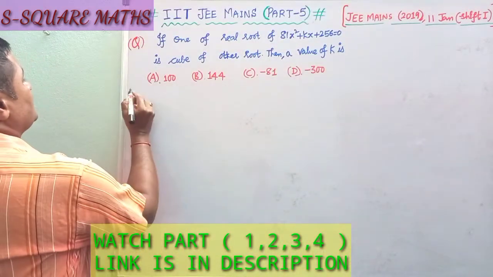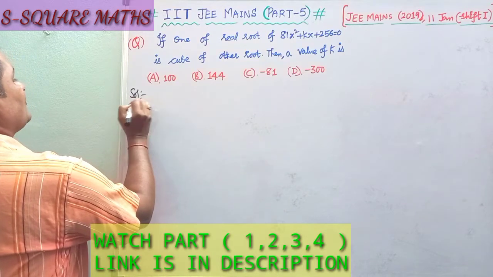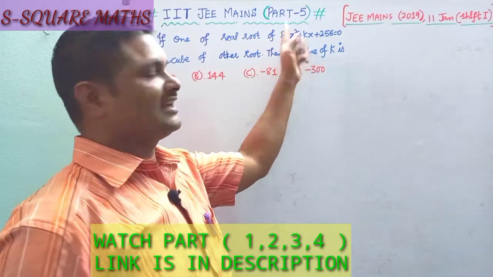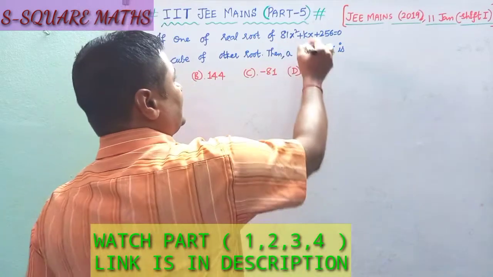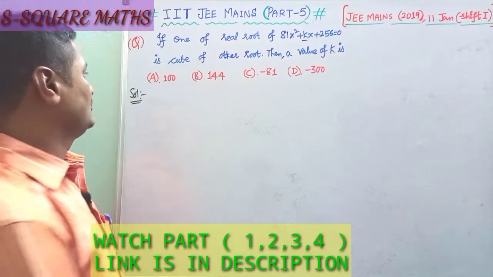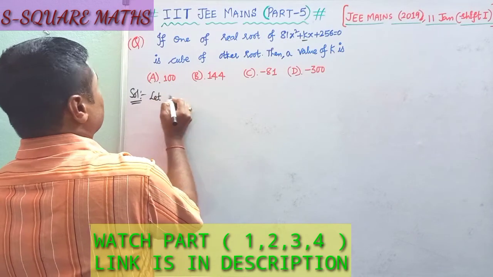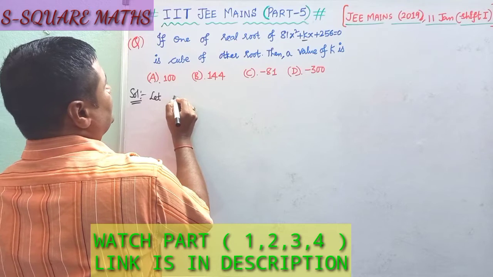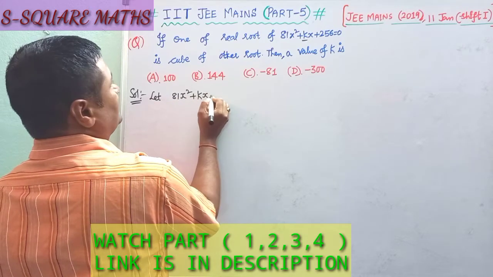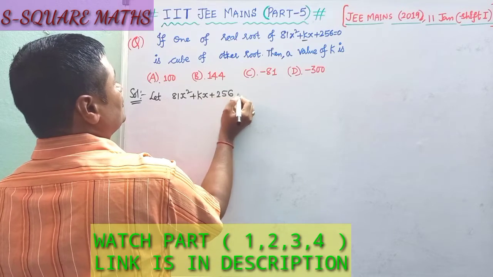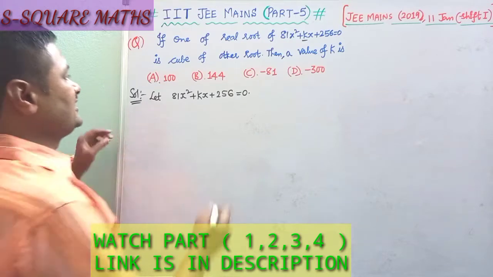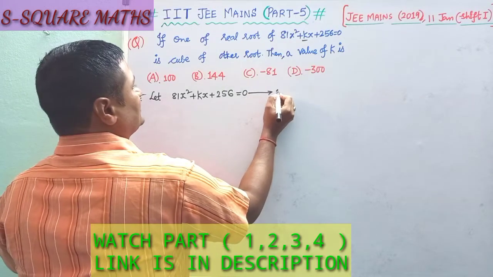So this problem falls under quadratic equations. It is a quadratic equation in the variable x, and the unknown is k here. That k we have to determine from the options. Let our equation be 81x square plus kx plus 256 is equal to 0. So this is our quadratic equation 1.